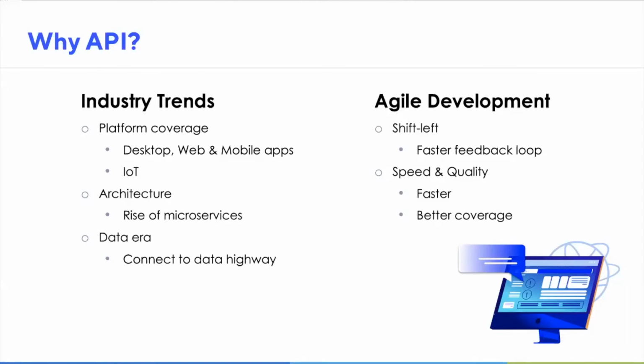It gives them a better way to control their product, deploy faster, and scale up real quick. And between the modules in the microservice architecture, they work together via API. So that's why APIs are being used more and more today.